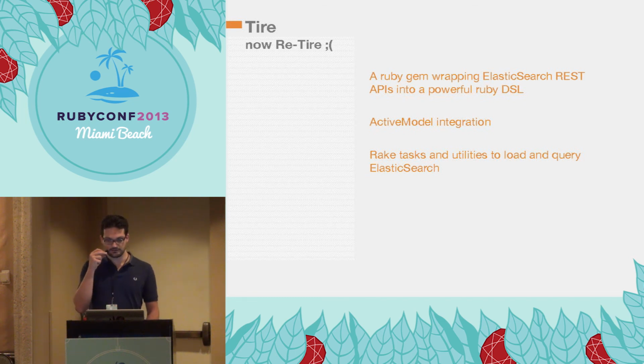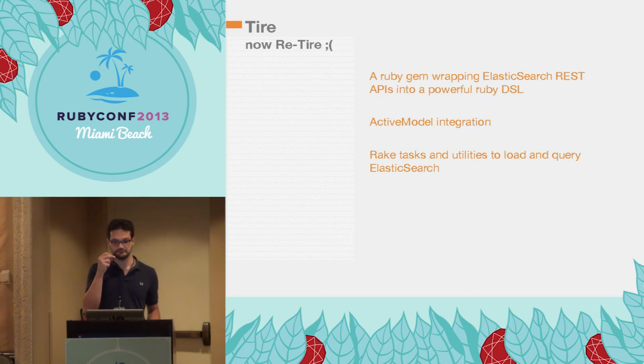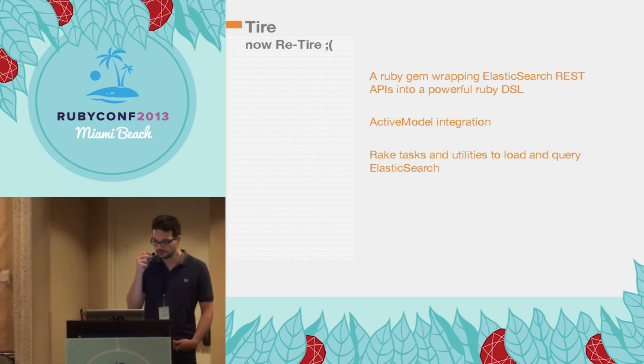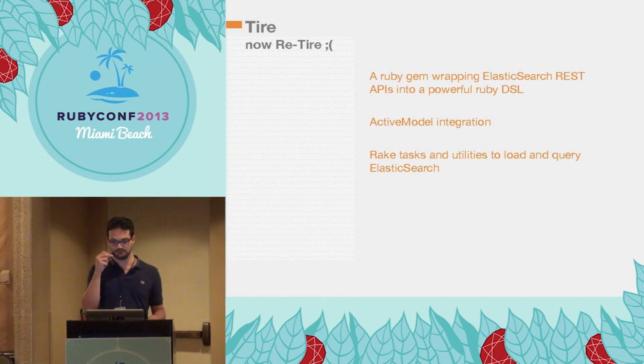And Tire provides not only a way to interact. You could do everything through HTTP, with your favorite HTTP Ruby library like HTTParty, but unless you want to be at the meta level, you want something that wraps all the complexity of interacting, like each single timeout, and Tire can do that for you.